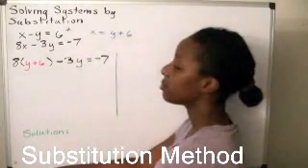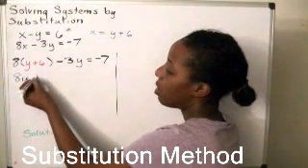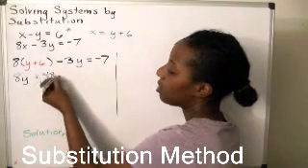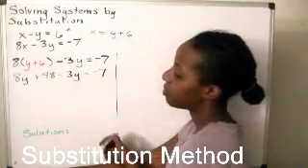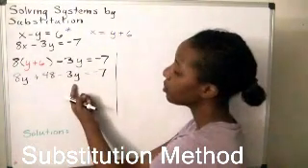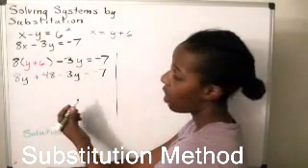Distribute your 8. So I get 8y plus 48 minus 3y equals negative 7. Combine your like terms. 8y minus 3y is 5y.